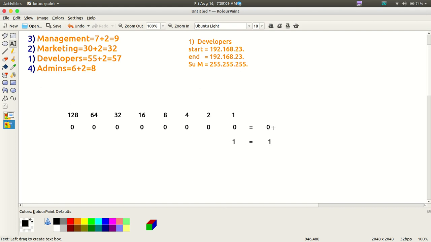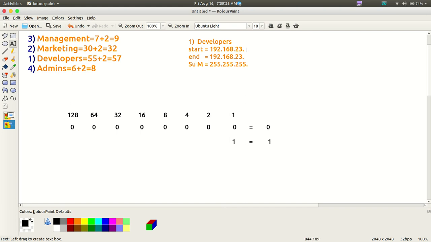So if this is your start IP address, this is your end IP address, you are getting only two addresses. Your start IP address will be like 192.168.23.0, end IP address will be 192.168.23.1, है ना? तो बेसिकली इसको आप यूज़ नहीं कर सकते. तो आपको कुछ और करना पड़ेगा यहाँ पे. मतलब ये जो स्टार्ट IP एड्रेस है और ये जो एंड IP एड्रेस है, इसमें टोटली आपको दो ही IP एड्रेस मिल रहे हैं.